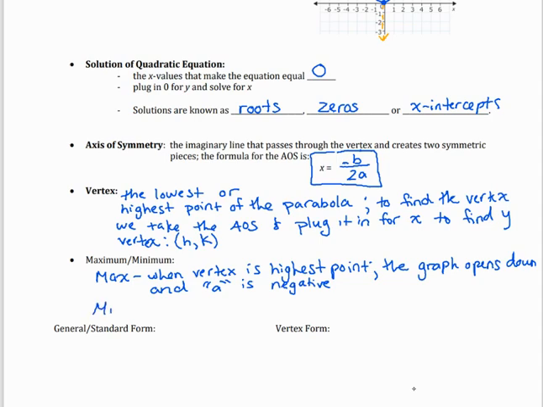We have a minimum when it's the opposite. So when your vertex is the lowest point, the graph opens up, and our A value is positive.